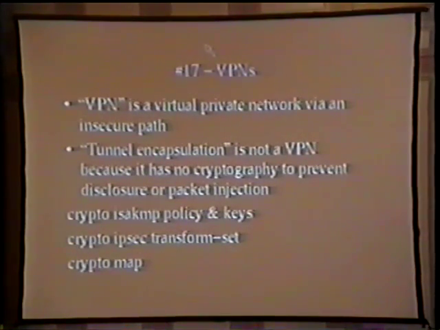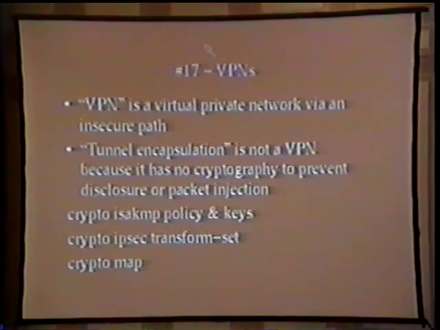Now, there's a way to configure a tunnel encapsulation. Despite what you may have heard from your vendor, that is not the same as a VPN. The reason is there is no cryptography used to prevent disclosure or packet injection. Actually, I've got a funny story on that. Unfortunately, I'm under NDA, but trust me, tunnel encapsulation is not the same as a VPN.